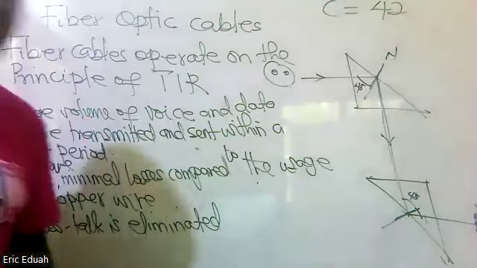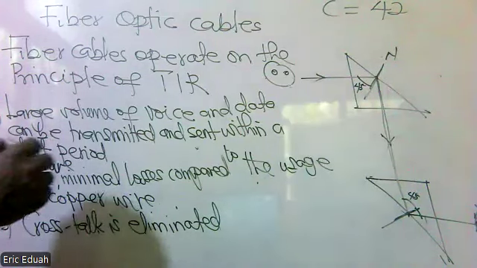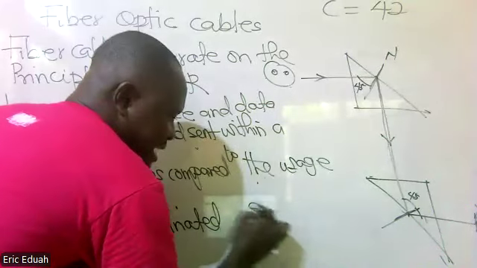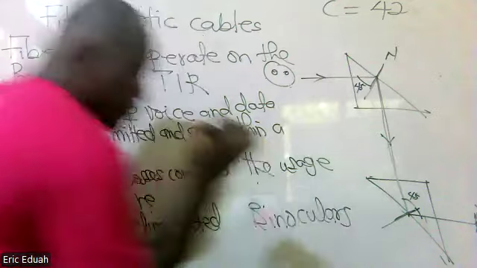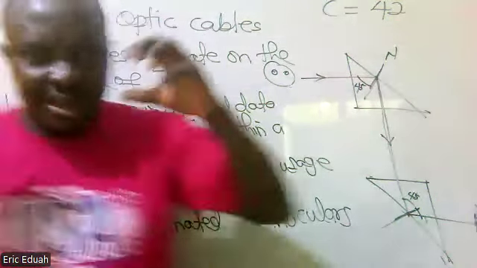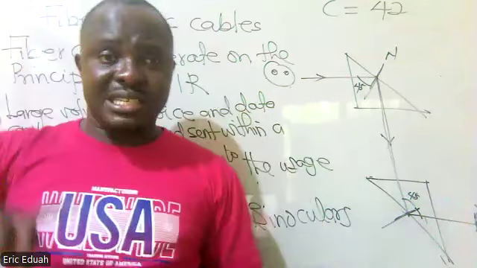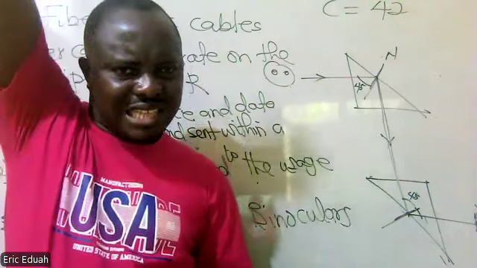Then total internal reflection is also applied in binoculars. Binoculars are optical devices used to view objects at a distance.